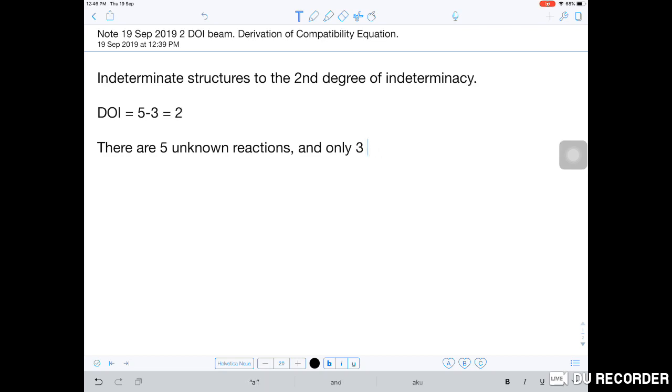can be solved by using equilibrium equation.